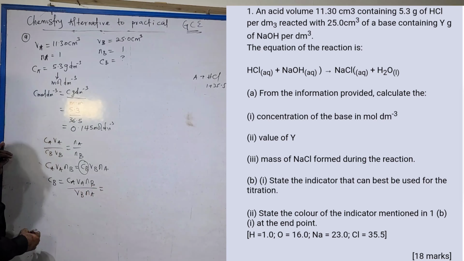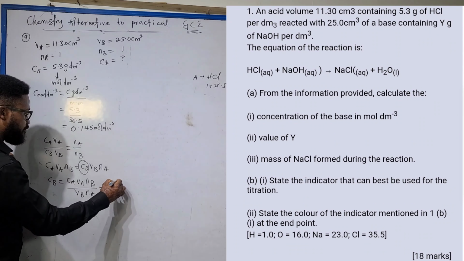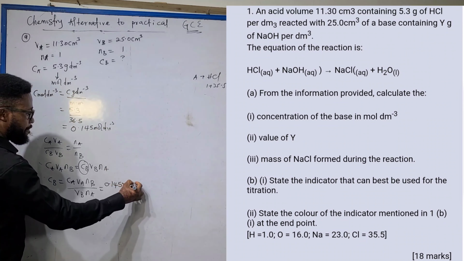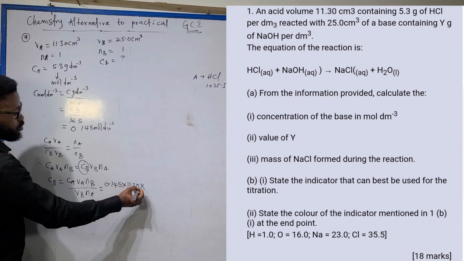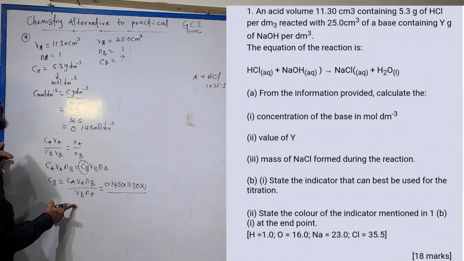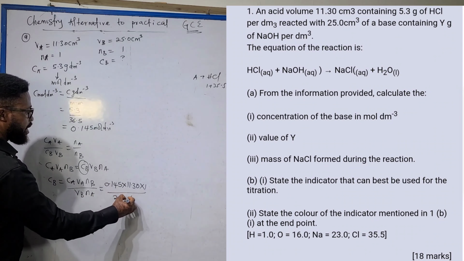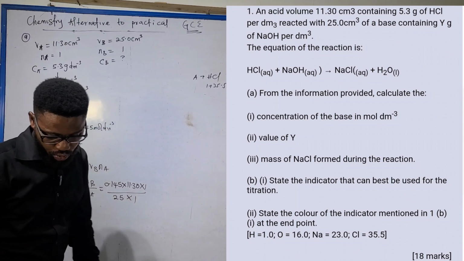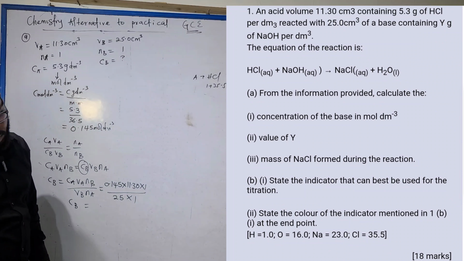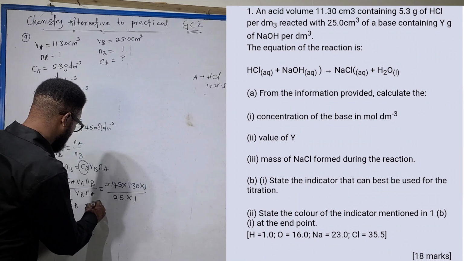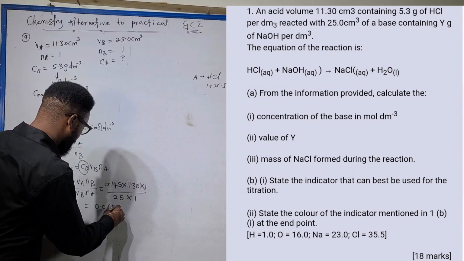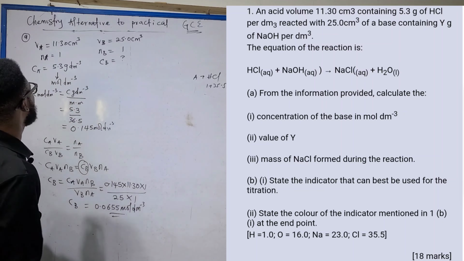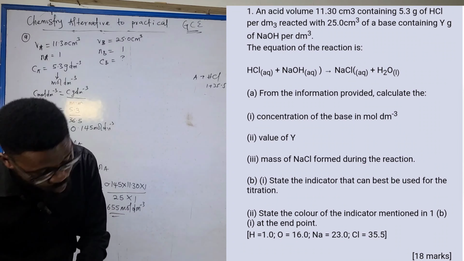My Ca is 0.145, times my Va, which is 11.30. My Nb is 1, my Vb is 25, and my Na is 1. So computing this, my Cb equals 0.0655 mole per dm cube, and that answers question A1.